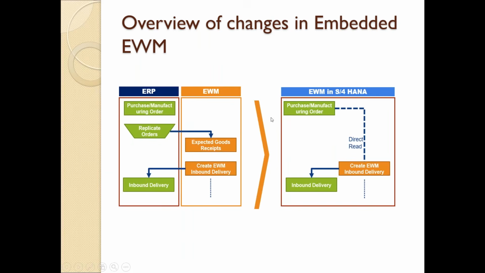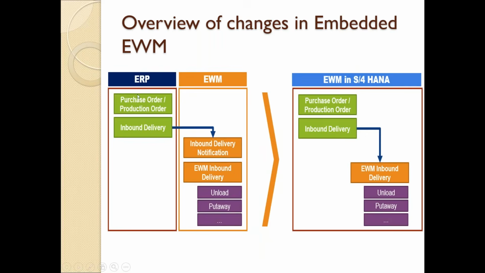So now coming to these changes I mentioned, the delivery integration I was talking about. Earlier, we used to have ERP and EWM, two different instances. We used to have the purchase order and an inbound delivery.